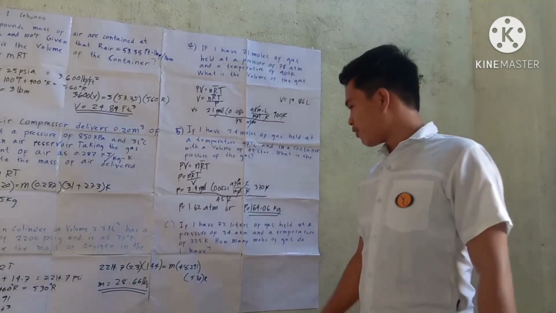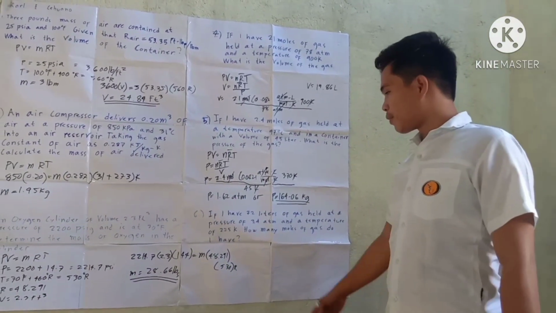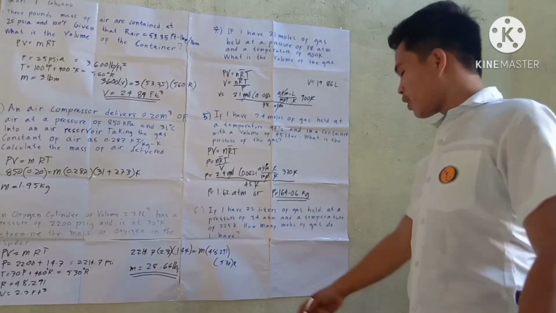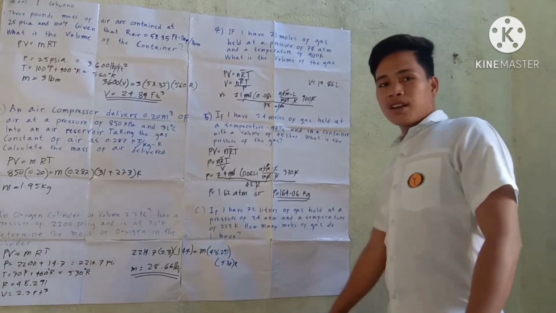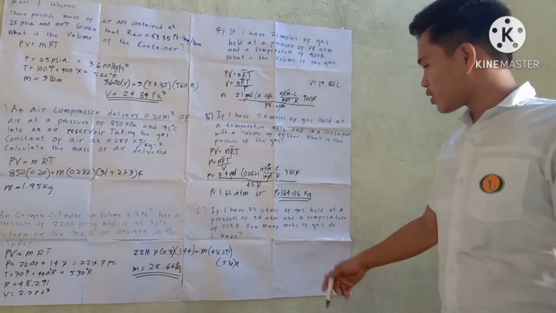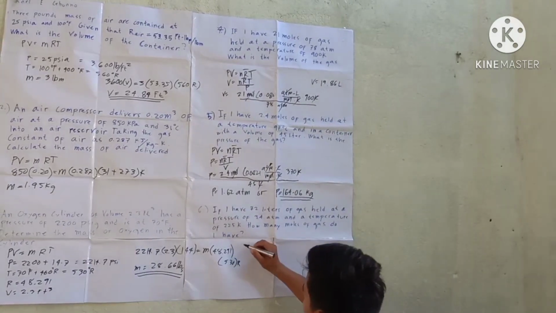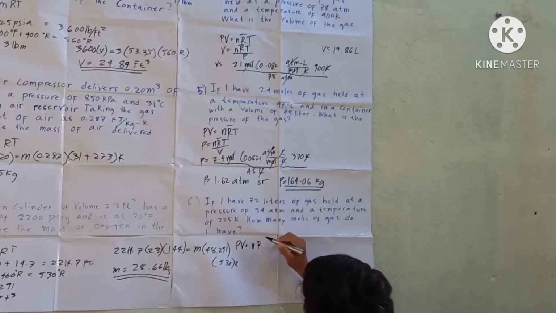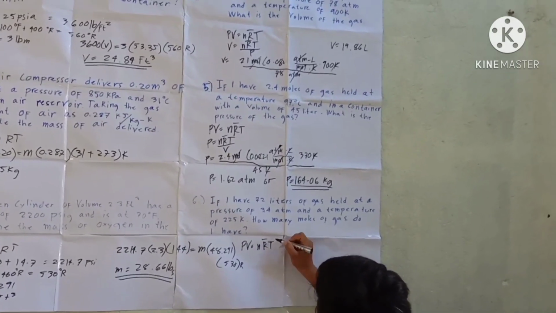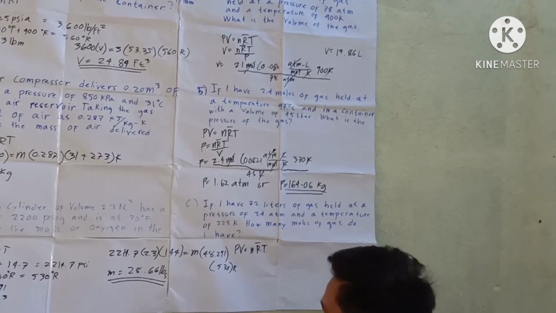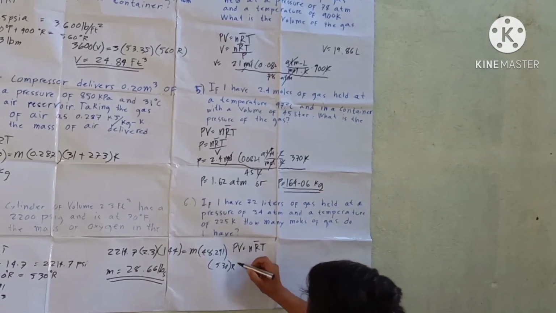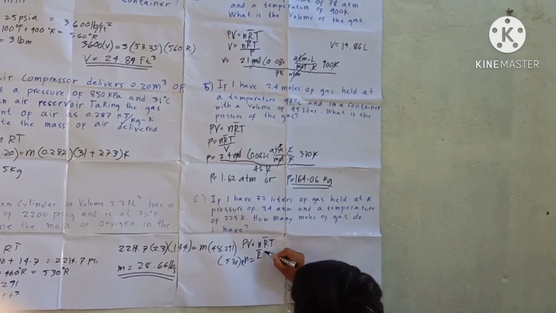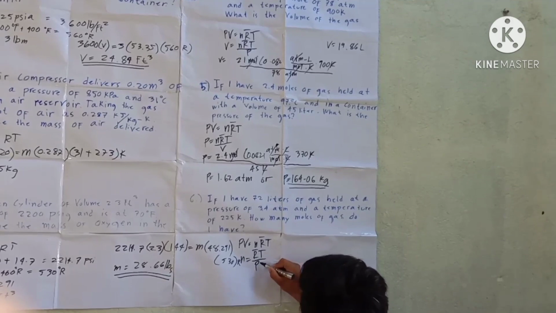Since the volume is given as 72 liters, the pressure 3.4 atm and the temperature 225 Kelvin, we solve for the number of moles using the formula PV equals nRT. We convert the formula to get the number of moles: n equals PV over the universal gas constant times temperature.